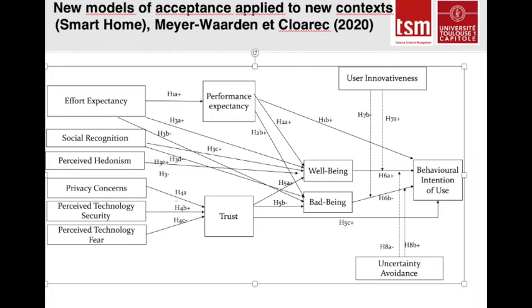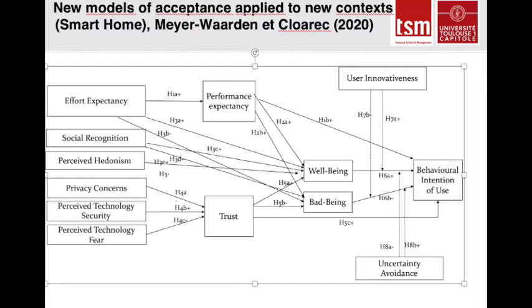And you can see that finally negative factors such as privacy concerns and technology fear negatively impact trust. On the other hand, the higher the smart home has security, the higher will be also the trust. Subsequently, trust will positively influence behavioral intention of use of the smart home.